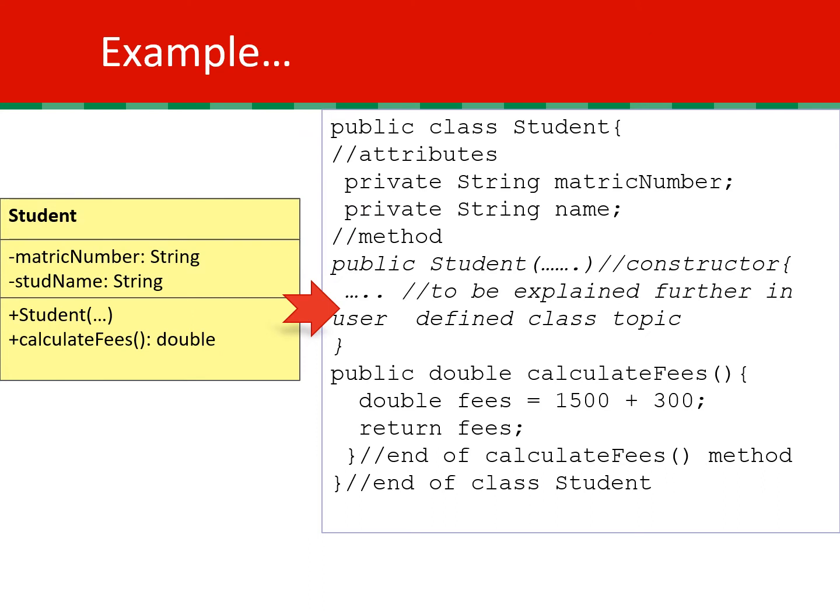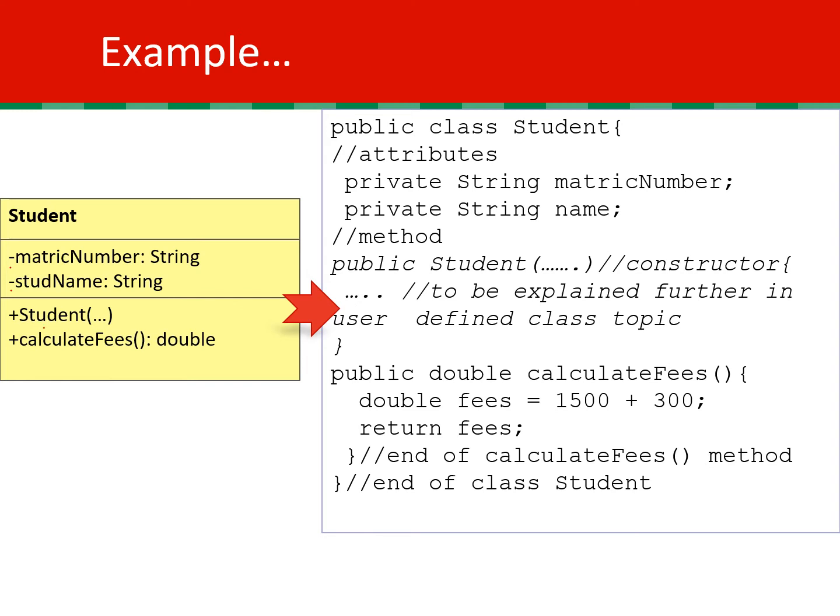In this example, we have a class called Student. This is a visual representation of the class, which is a class diagram. This class diagram shows that there are two variables here, which are both private. You look at the minus sign, and both are actually String. It also has methods. The first one is called Student.